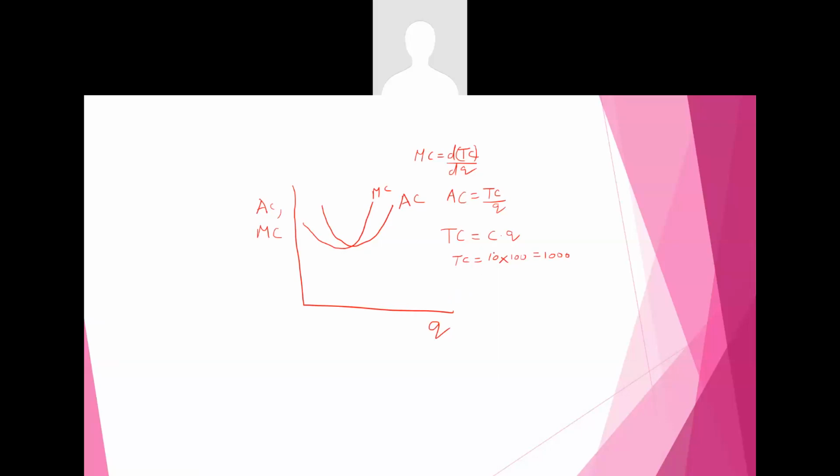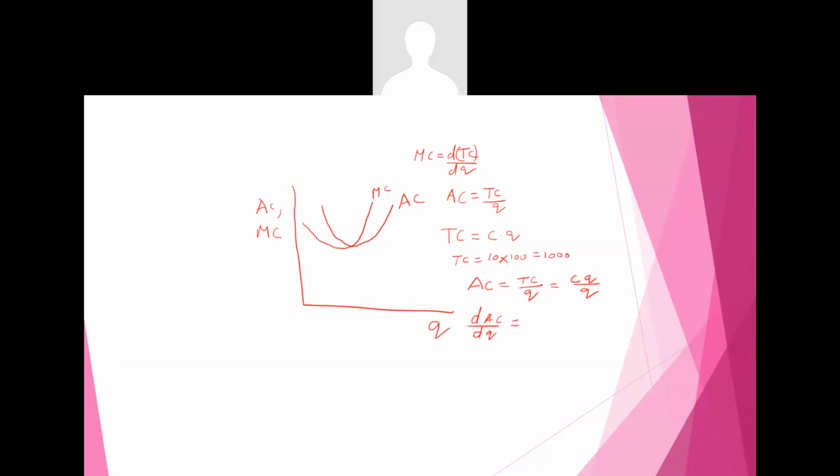Now, C into Q is the total cost. From this, you get AC as TC by Q, in other words C into Q divided by Q. You can write average cost as CQ/Q. Now, what we are trying to find is dAC/dQ, the first derivative of the average cost function.